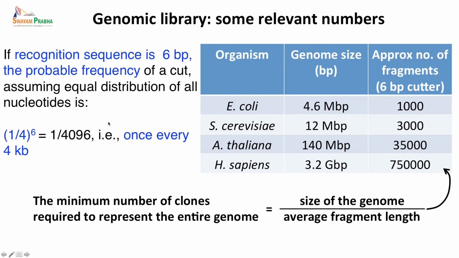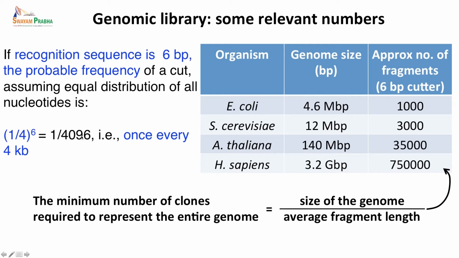So let's first see, supposing you decide to use a restriction enzyme to cut this genomic DNA into fragments. If you use a restriction enzyme whose recognition site is 6 base pairs, then the probable frequency of finding such a site in the genome can be given by 1 by 4 to the power of 6, which is once every 4096 base pairs.